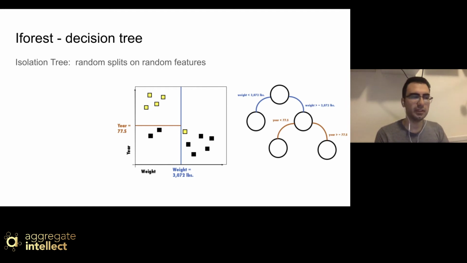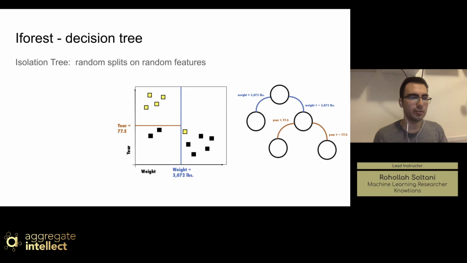But isolation forest is used in a different way. Isolation forest follows the basic principle of a decision tree, but it tries to separate each point in the data. It's not trying to split two classes; it tries to split the data enough so it can isolate each sample in your data set.